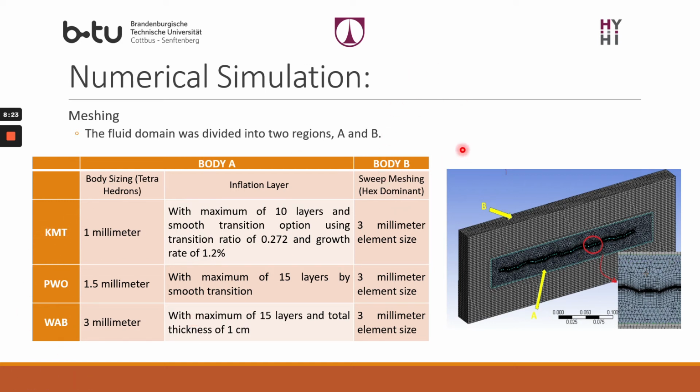For all the sheets, body B used exactly the same meshing settings of 3 mm element size, while for body A different mesh refinement settings were used according to the geometry of the sheet. We were trying to obtain the best meshing metrics. Therefore, 1 mm was used for KMT, maybe 1.5 for the PVO, while no mesh refinement was used for VAB since it had a very big geometry compared to the mesh.